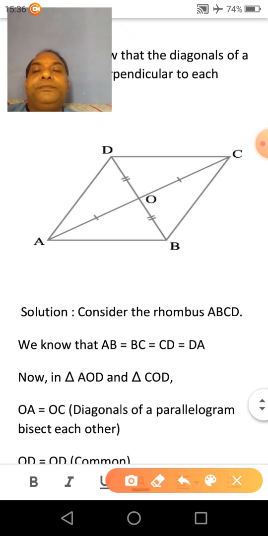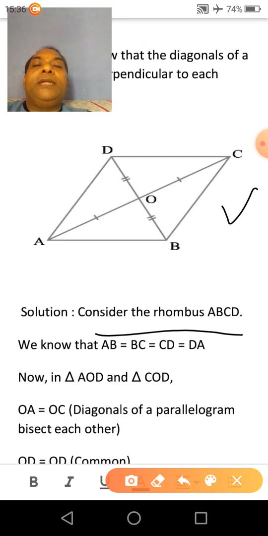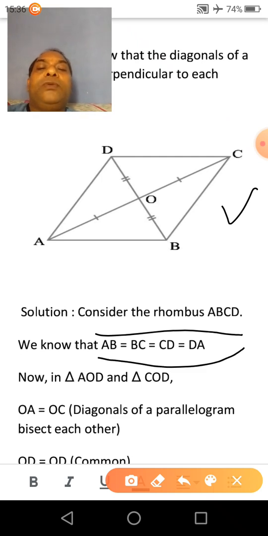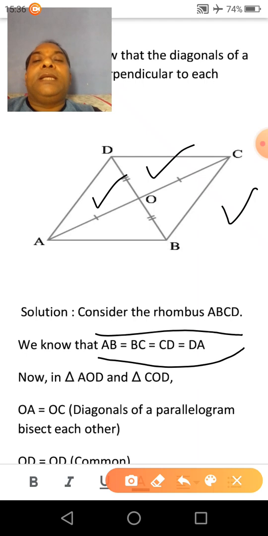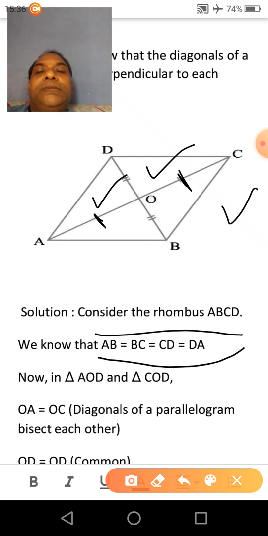Now consider the rhombus ABCD. We know that in a rhombus all four sides are equal, so AB is equal to BC is equal to CD is equal to DA. Now consider these two triangles, AOD and COD. OA is equal to OC, because the diagonals of a parallelogram bisect each other, we know that.